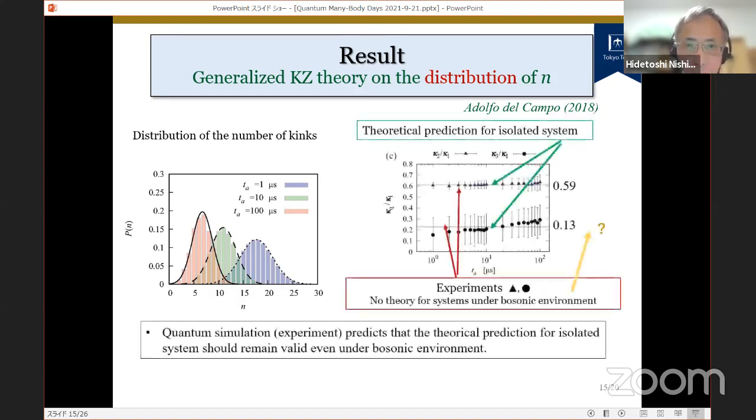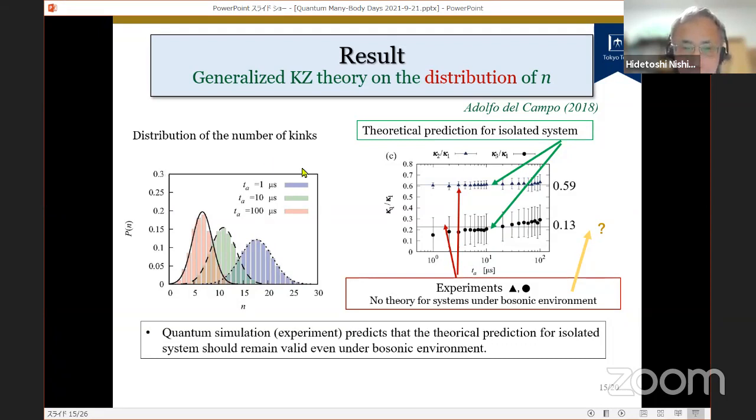And there is a theory by Adolfo del Campo that the cumulants obey a very interesting property for this Kibble-Zurek mechanism. That is, the ratio of the second cumulant, which is the variance, to the first cumulant, which is the mean, is a constant as a function of annealing time TA.